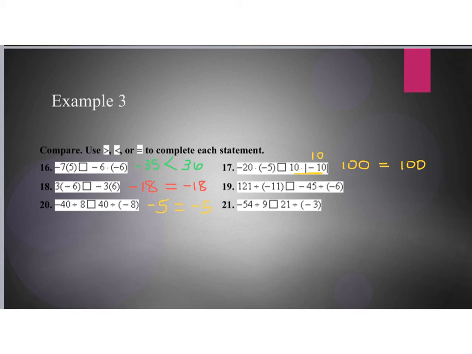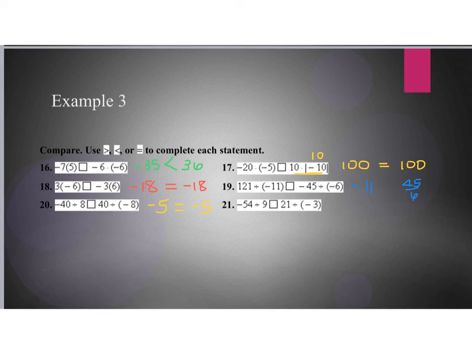For number 19, we have 121 divided by a negative 11. So a positive divided by a negative will give me a negative, and 121 divided by 11 is going to give me 11. For the right-hand side, now I have a negative 45 divided by a negative 6. Well, negative divided by negative is going to give me a positive, so I end up with 45/6.